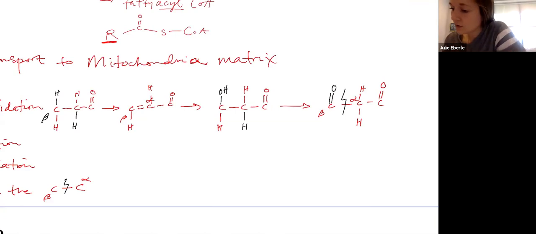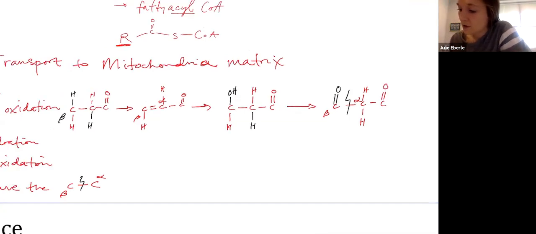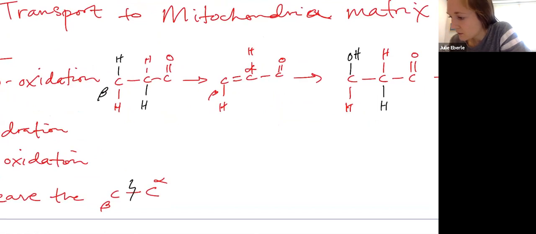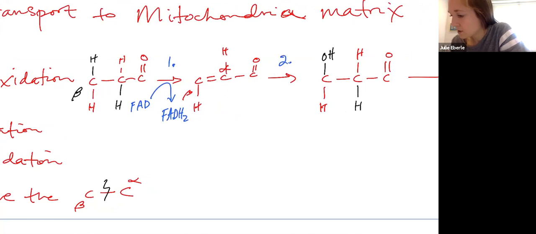Now this is not part of the question, but this is important for the exam. There are 2 coenzymes involved, in step 1 and step 3. In step 1, we take FAD and we reduce it to FADH2. Step number 2 is the hydration step, so we have water coming in.